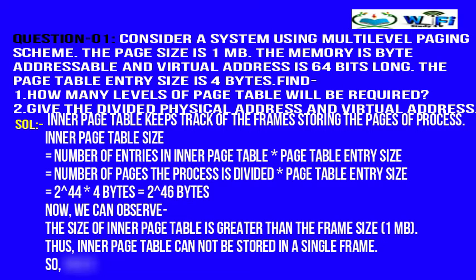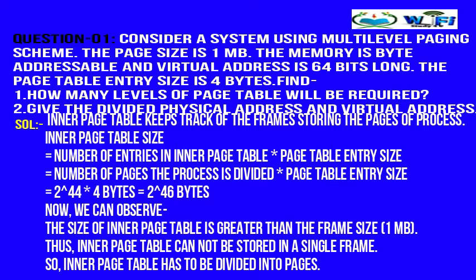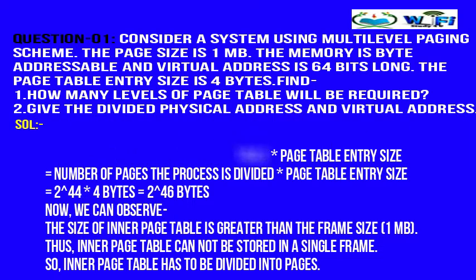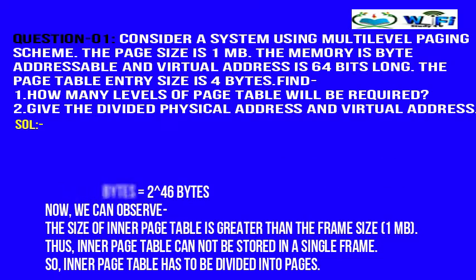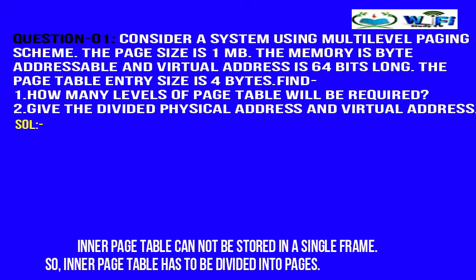Now we can observe that the size of the inner page table is greater than the frame size of 1 MB. Thus, the inner page table cannot be stored in a single frame. So, the inner page table has to be divided into pages.